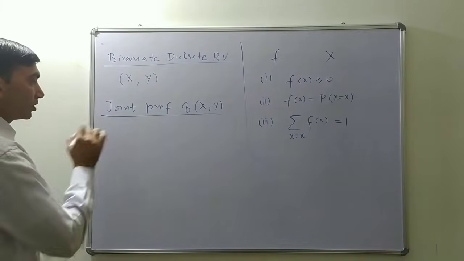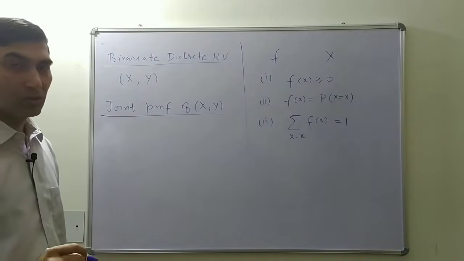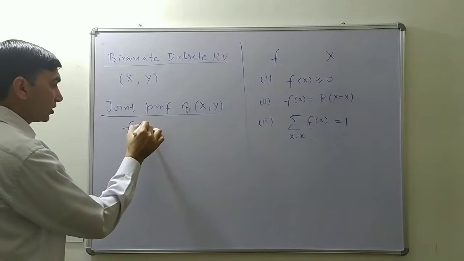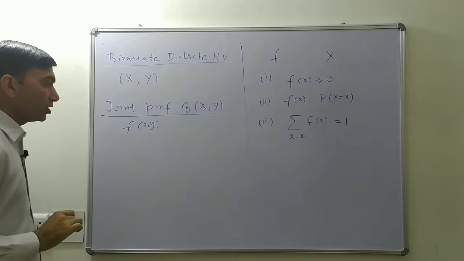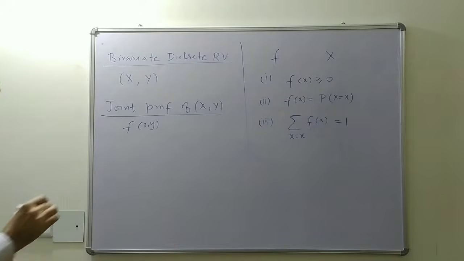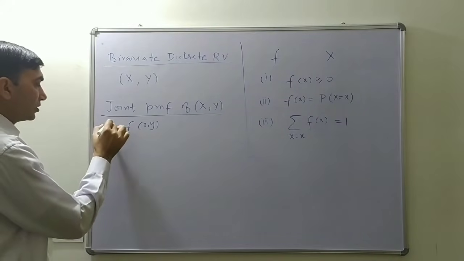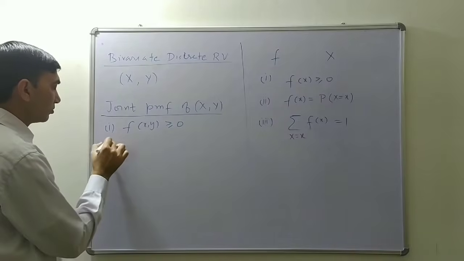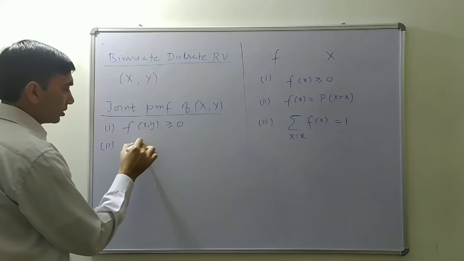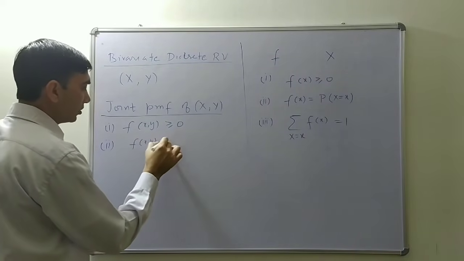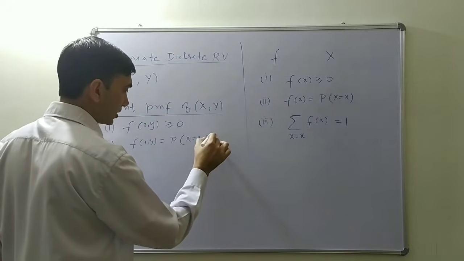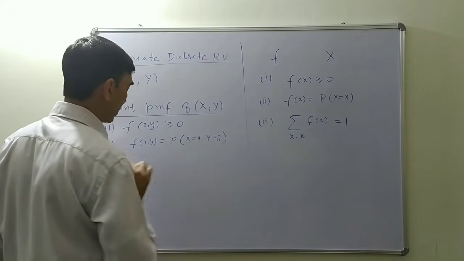Now let's see what is joint probability mass function of x, y. A function f(x,y) is said to be joint PMF of x, y if it satisfies three properties. Number one, it should be greater than or equal to 0. Number two, it gives probability for each value of x and y.